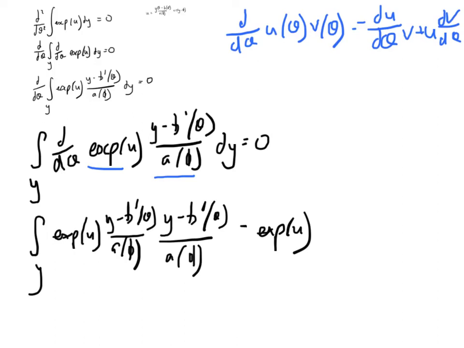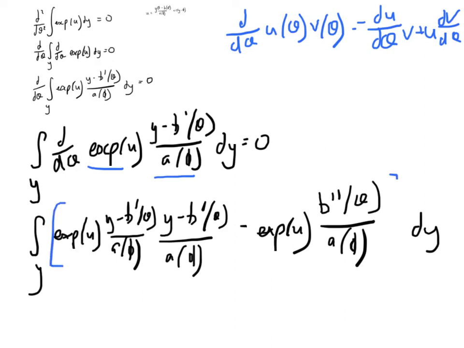So I now need to differentiate y minus b prime of theta over a of phi, and this is going to give me b double prime of theta over a of phi. And we're doing this with respect to y, and just to be very clear, let's keep all of this in the same set of brackets.